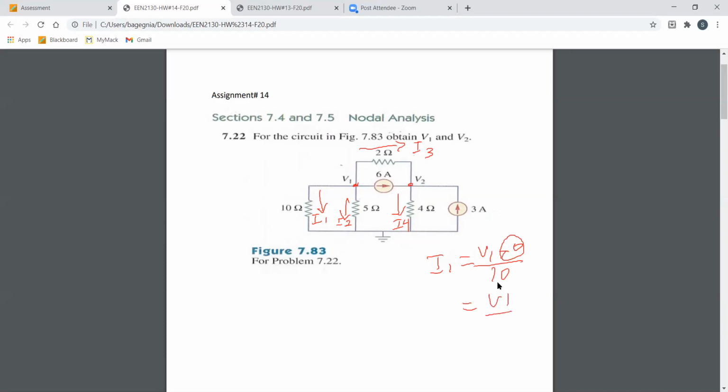It will be V1 over 10. You are not going to have any problem. But if you assume current I1 going from bottom to top, and you forget to write 0 minus V1, then it will be V1 over 10, which is similar to this one. And in this case, it will give you a wrong solution.